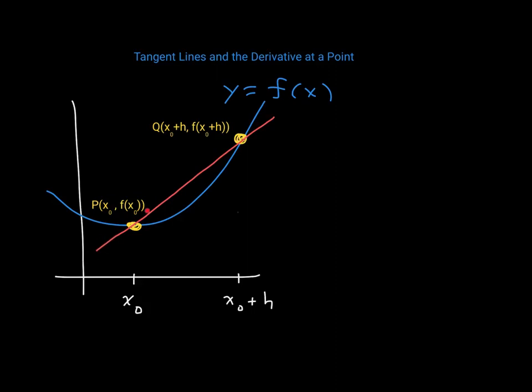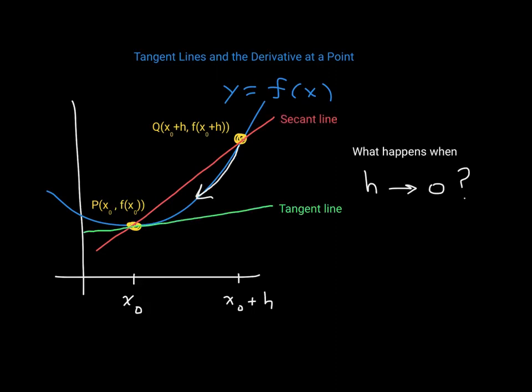Now, the slope of this secant line we can find using the slope formula. And then what we do is we investigate the limit of this slope as h approaches 0. If this limit exists, we call it the slope of the curve at this point P, and we define it to be the tangent line at point P. So let me see if I can show what we're talking about with respect to this graph.